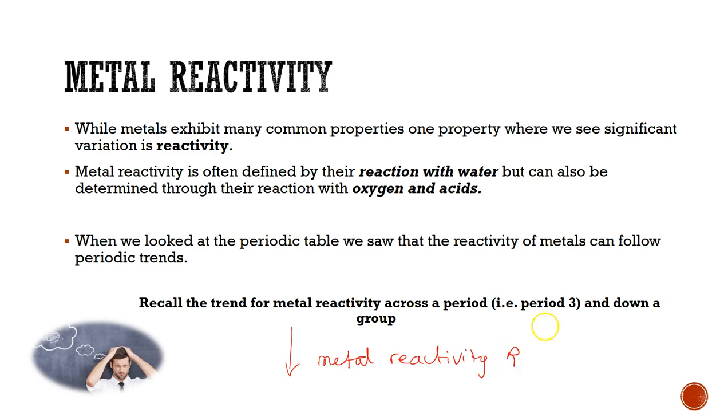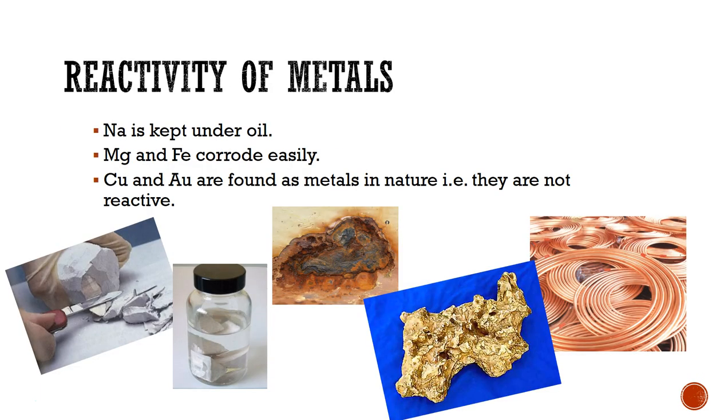And as we move across a period, if you remember, we have metals on the left and non-metals on the right, it makes sense that our metal reactivity decreases as we go across the period from left to right. Hopefully we remember that.